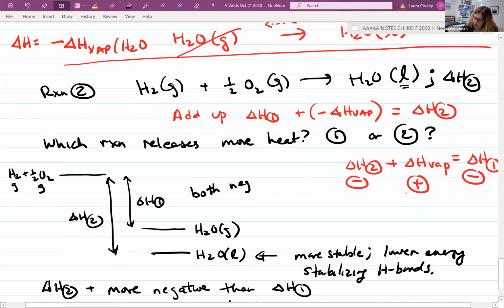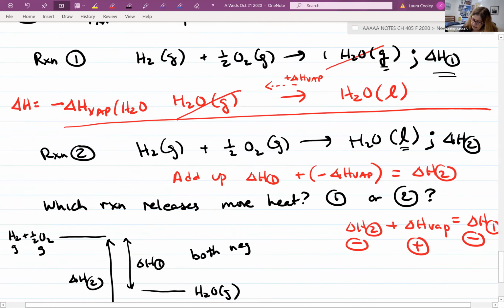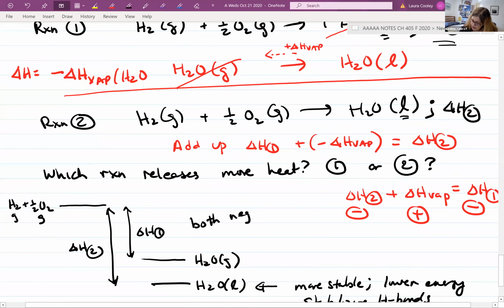The heat of vaporization is positive. So this shows you that delta H1 is not quite as negative as delta H2, because here you have a negative number and you're adding something to get this one. So the magnitude of delta H2 is going to be greater.